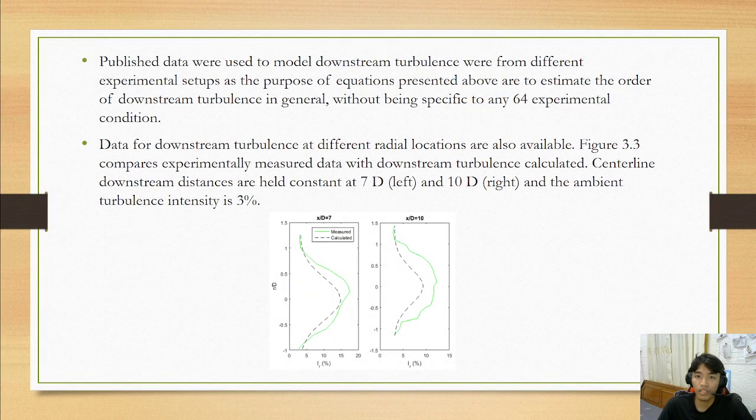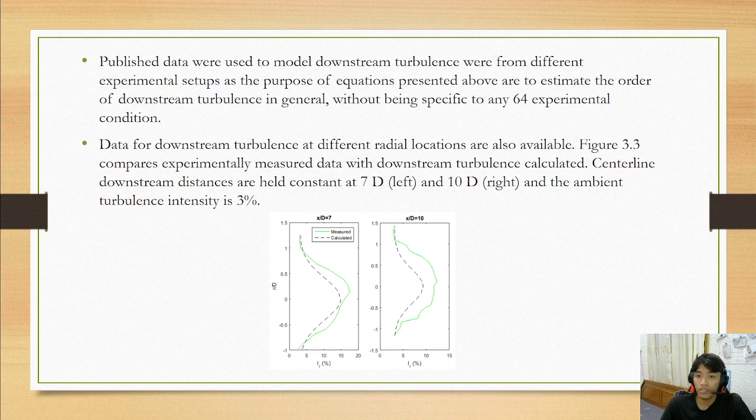Okay, so the published data used to model downstream turbulence were from different experimental setups, as the purpose of the equations presented on the slides before this is to estimate the order of downstream turbulence in general without being specific to any experimental condition.